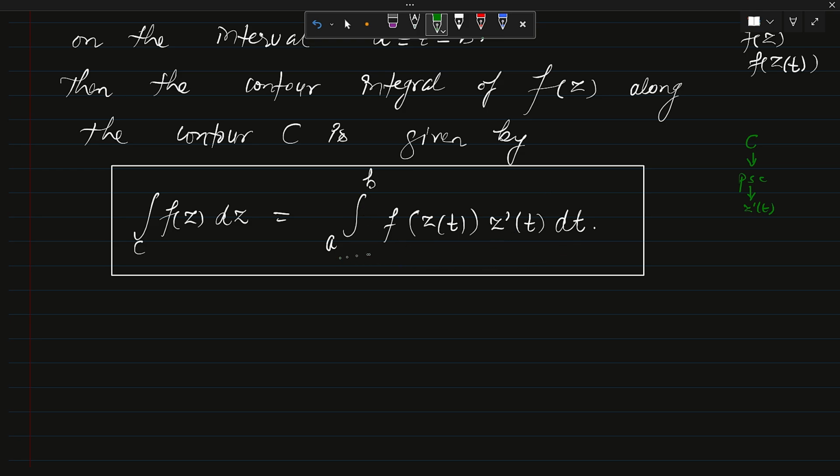Okay, so its smoothness ensures the existence of this definition.